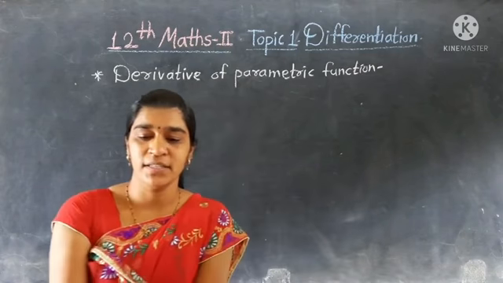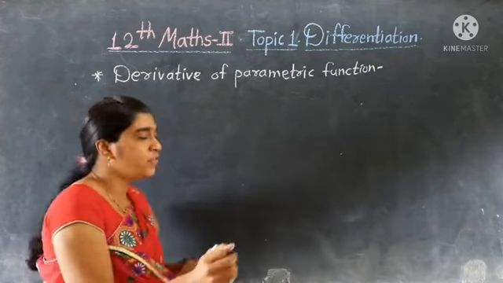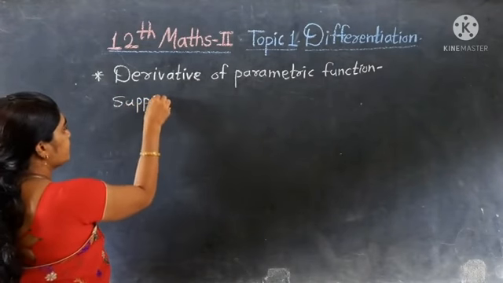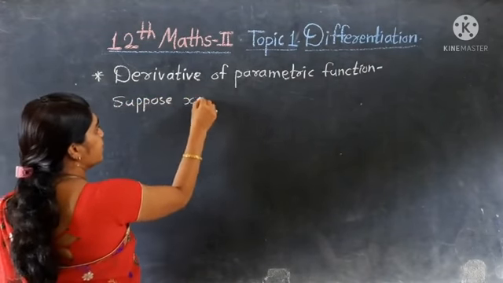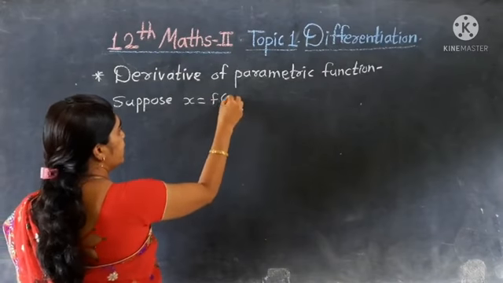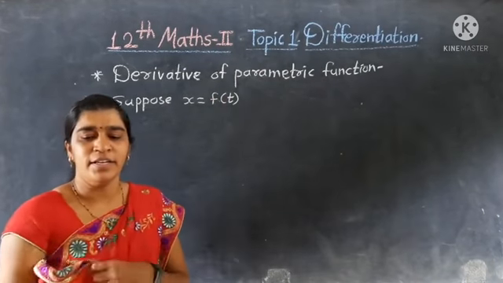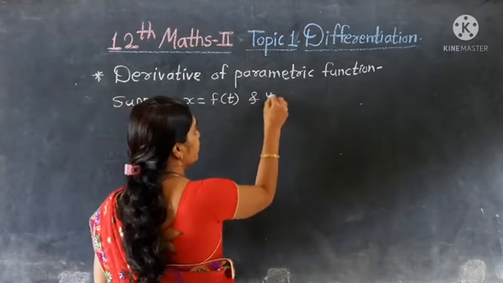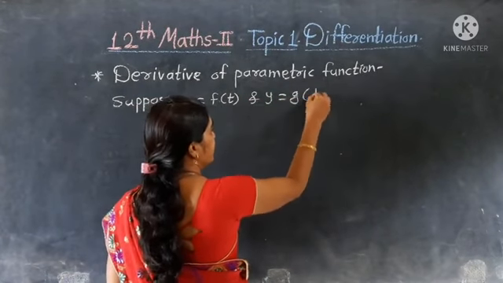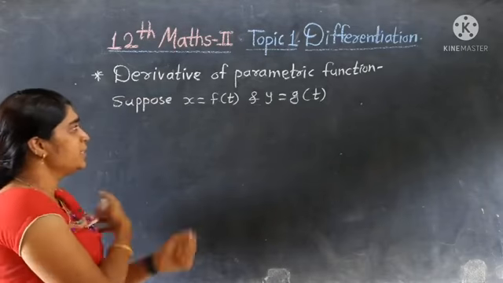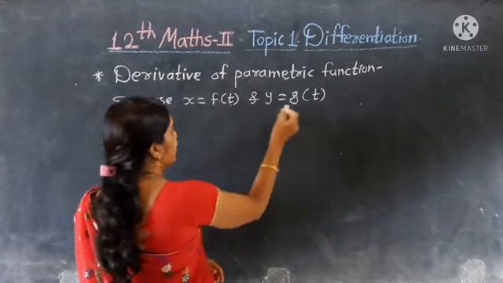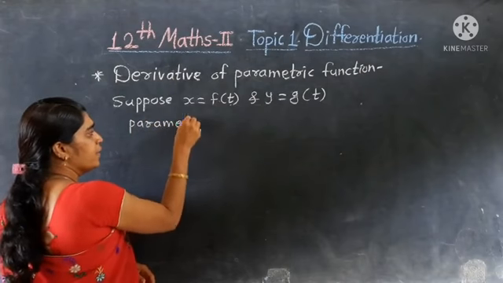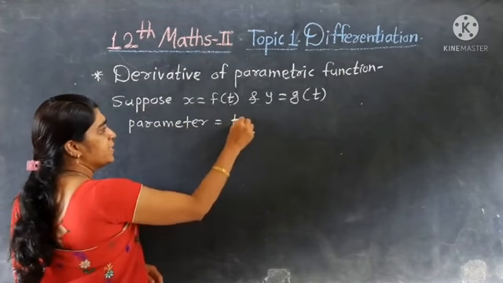We suppose that x is a function of t, that is, we write f of t, and we suppose that y is a function of t. Then the parameter present here is t.